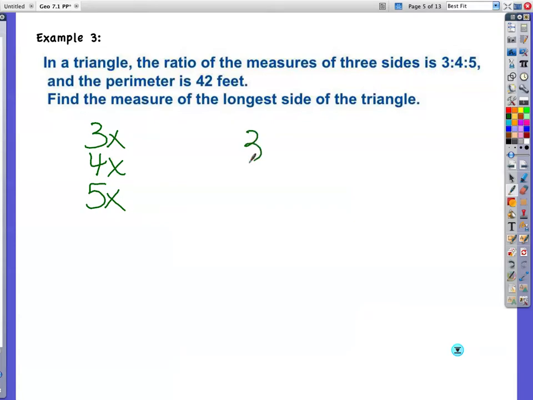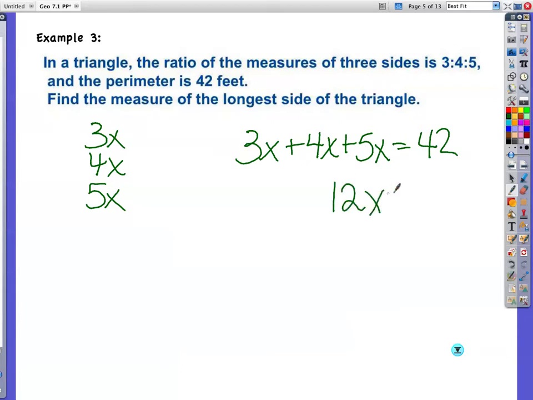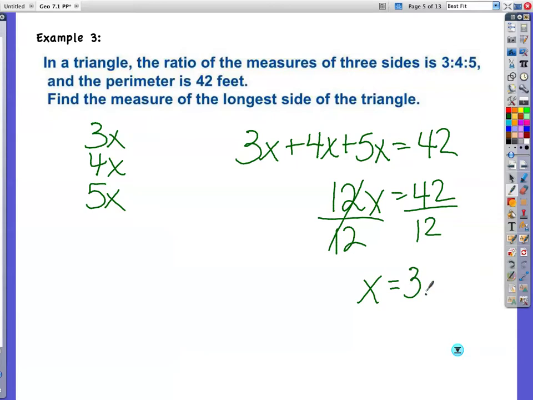All three sides of the perimeter have to add up to 42. So now I have 12x equals 42. So now I divide both sides by 12 to figure out what x is. 3 gives me 36, and that leaves me 6 left over. So 3.5, and this would have to be feet.